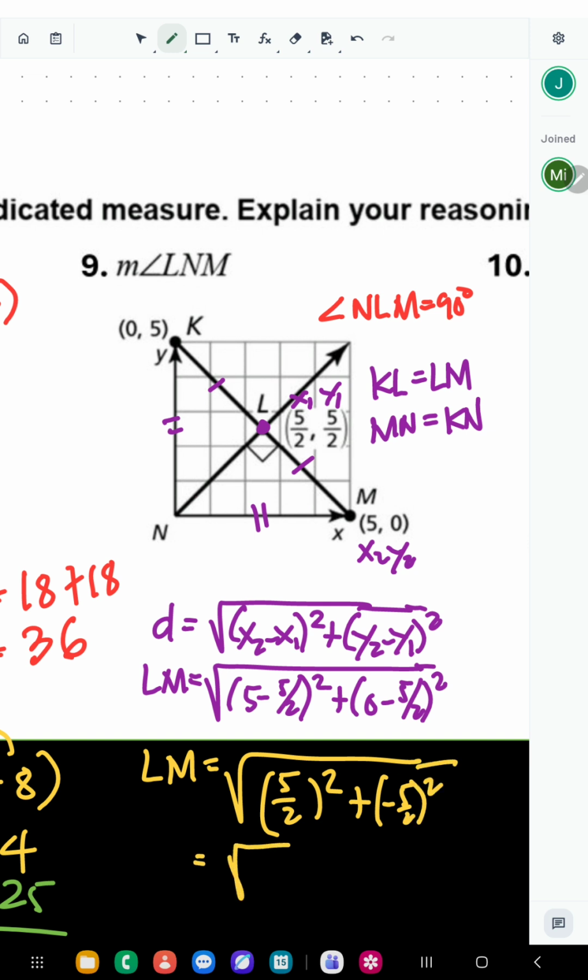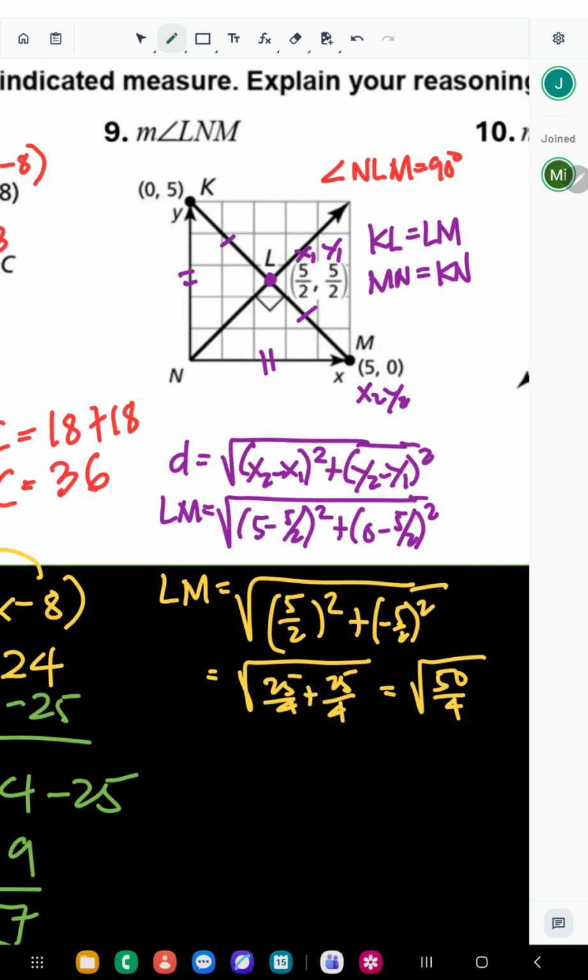So this is the square root of 25 over 4 plus 25 over 4, or the square root of 50 over 4. Are we on the right track? 5 minus 5 halves is 5 over 2.